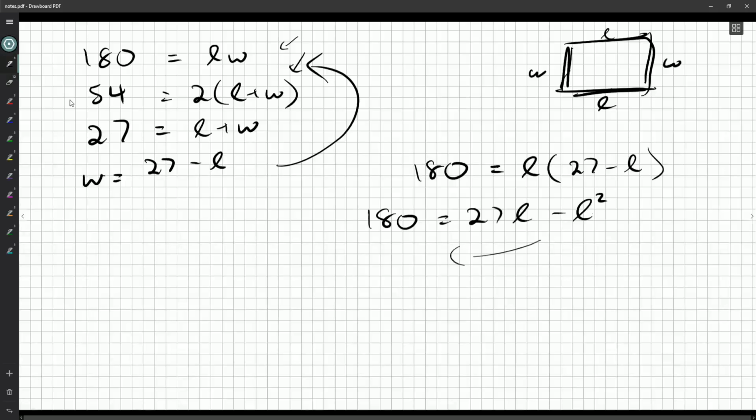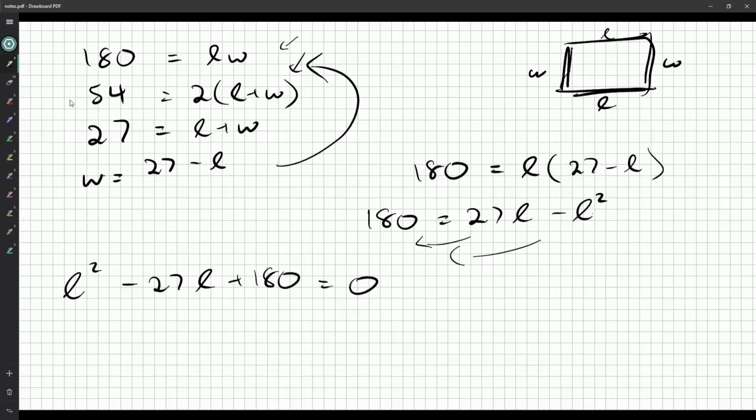Let's bring everything over to the other side. We'll get L squared minus 27L plus 180 is equal to 0.